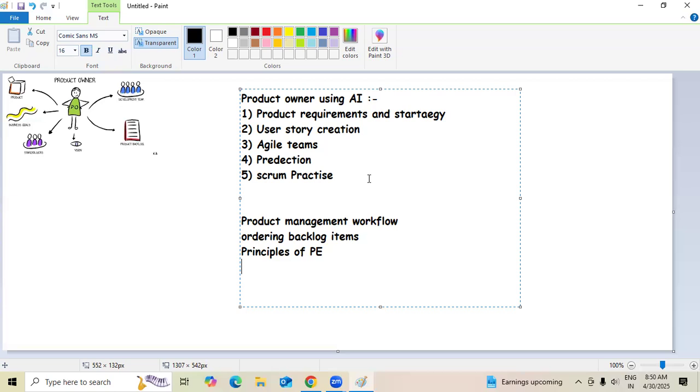At the same time, we must know the different techniques to refine AI-generated user stories to ensure clarity, consistency, and alignment with business values. Next, we need to know about ordering user stories based on impact on customer needs and strategic goals. Everything will be part of it.